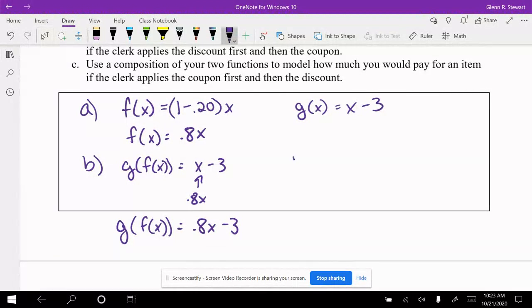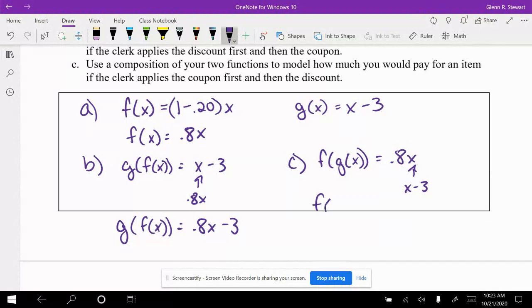And then on letter C, we're applying the coupon first and then the discount. So this is really like saying that g of x is on the inside. So f of x, remember, is 0.8x. Where the x is, we're going to plug in x minus 3.